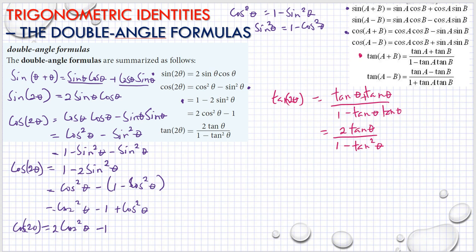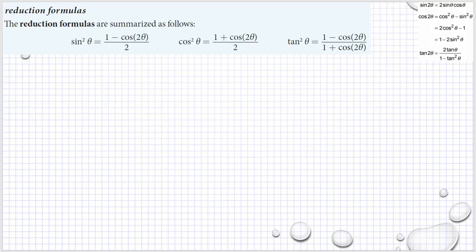And as a result of the double angle formula, we have what we call the reduction formulas. The reduction formulas come from this formula.